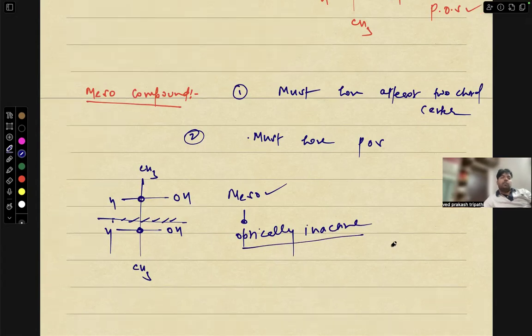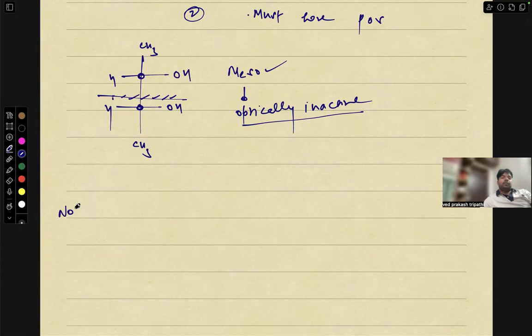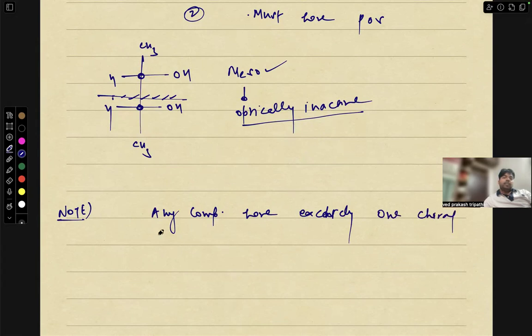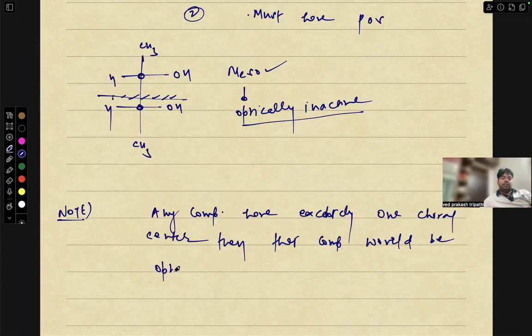Okay. And one more thing I would like to tell you, a note point. Whenever any compound has exactly one chiral center, then that compound would be optically active and also called a chiral molecule.